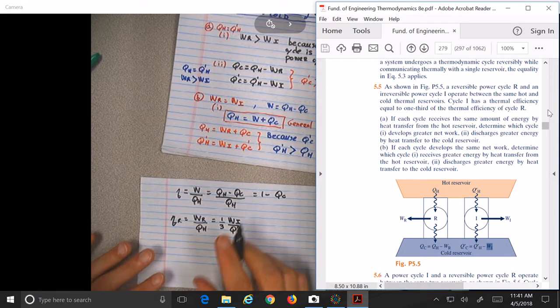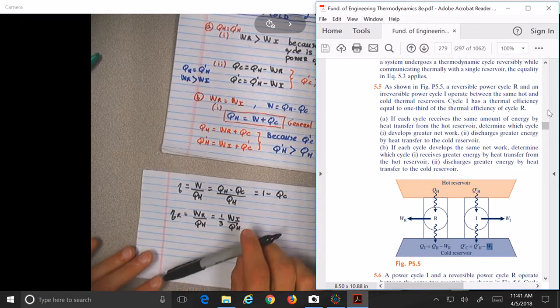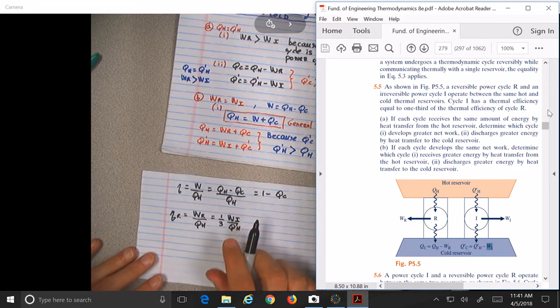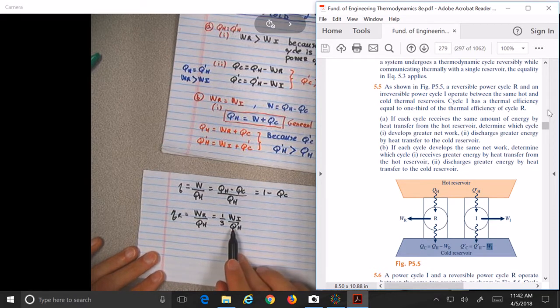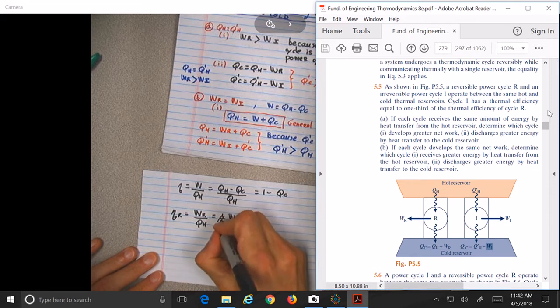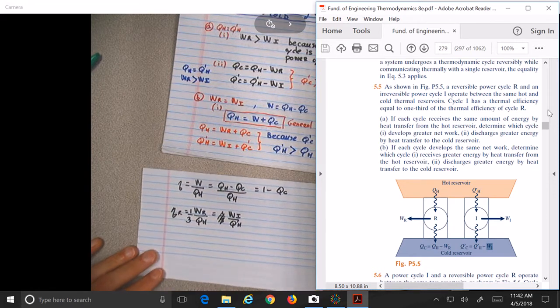Wait, let me read. Don't they say that the thermal efficiency of cycle I, which is irreversible, is equal to 1/3 of the thermal efficiency of the cycle R? Yeah. So this would be 1/3.